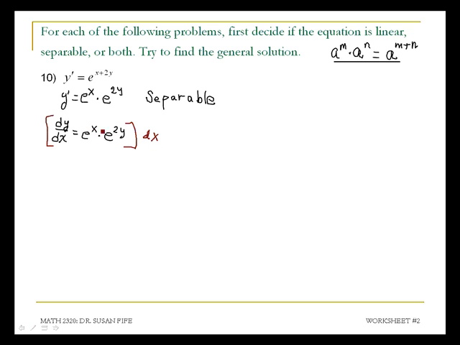And because I'm getting my x terms on the right side of the equation, I'm going to want my y terms on the left side. So to get rid of this e to the 2y from the right side, I could divide by e to the 2y, or I could multiply by e to the negative 2y.